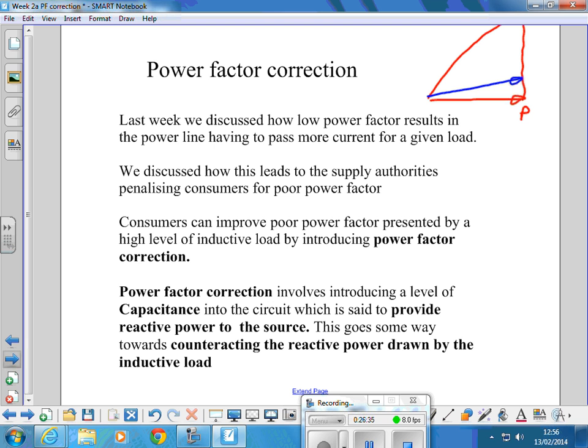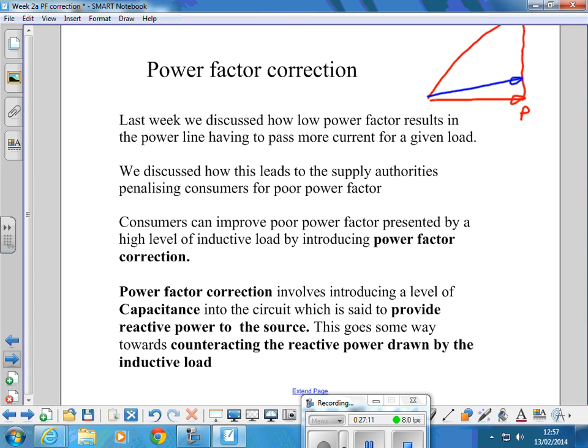So consumers can improve poor power factor presented by a high level of inductive load, which comes mainly from transformers, motors and so on in industrial situations, by introducing some power factor correction. Inductive loads absorb or draw reactive power from the circuit.